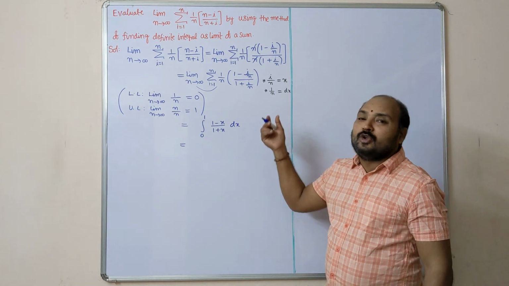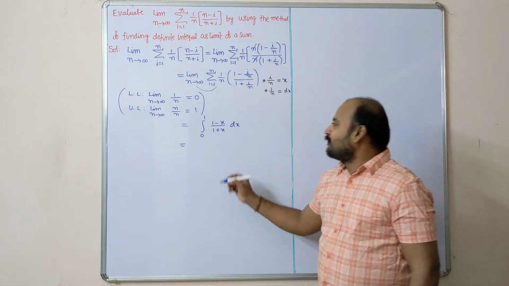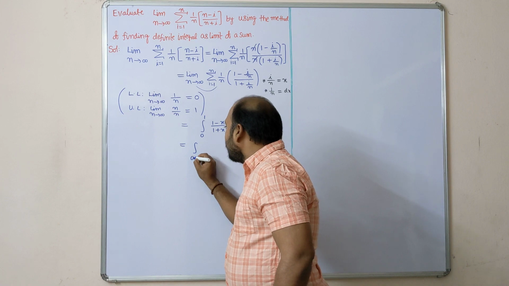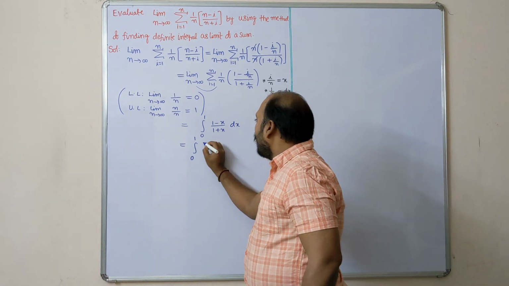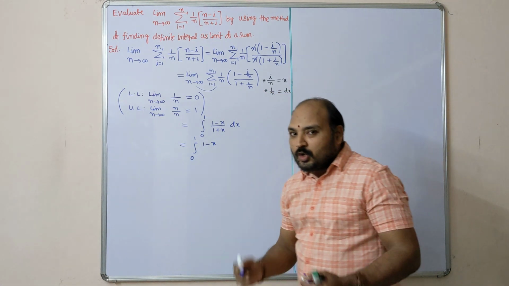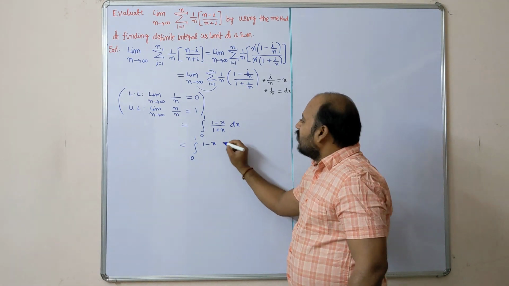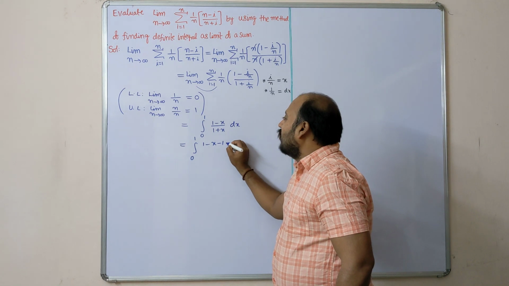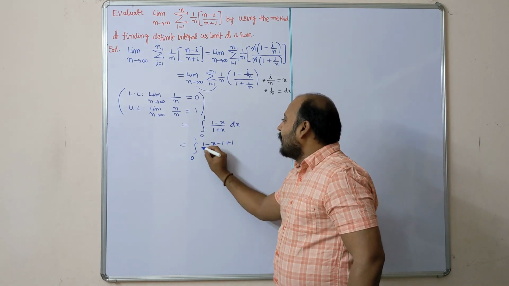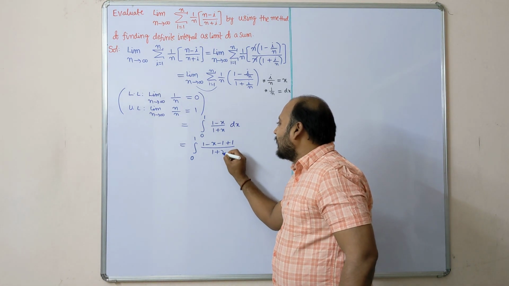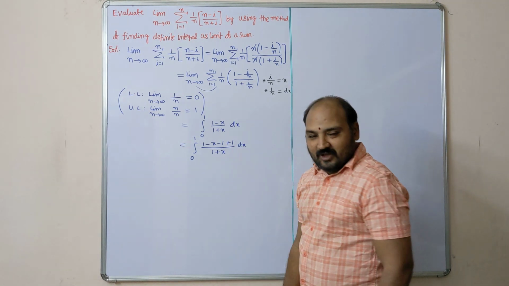I want to get the 1 plus x term in the numerator also. So integral 0 to 1, (1 minus x). To get it in terms of the denominator, we are subtracting 1 and adding 1, divided by 1 plus x. So how it will come? I will tell that.